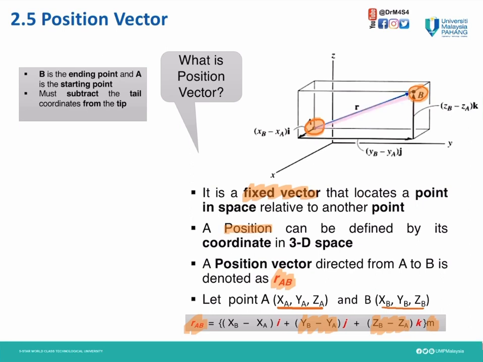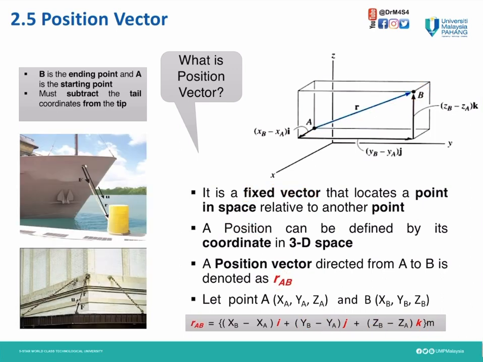Therefore, for this part, you should be able to imagine the coordinates for A and B in 3D positions. Here is a real life case, as you can see, the ship tied to the pier, and also here you can see the roof of this building.